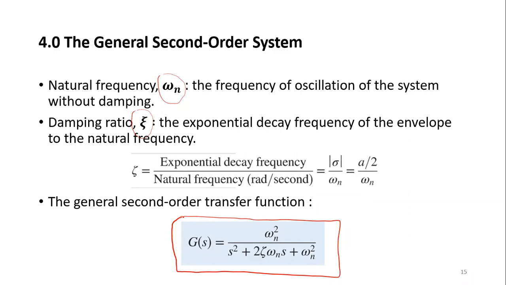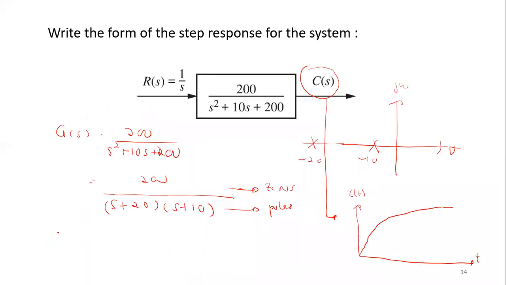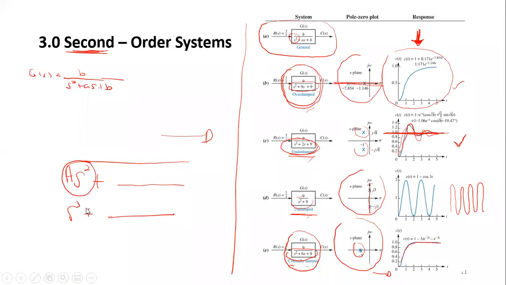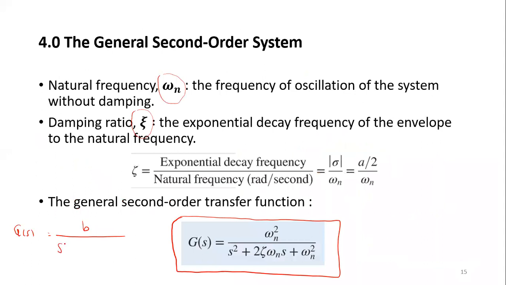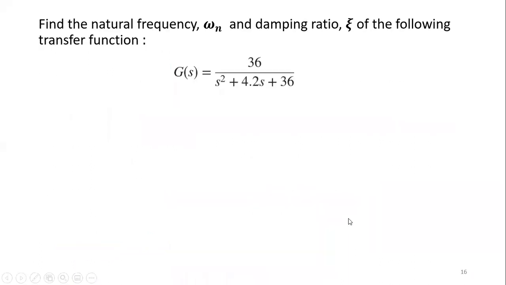If you look back just now, the second order system is equal to D over s squared plus AS plus B. But if you talk in terms of natural frequency and damping ratio, the second order system is in this form.